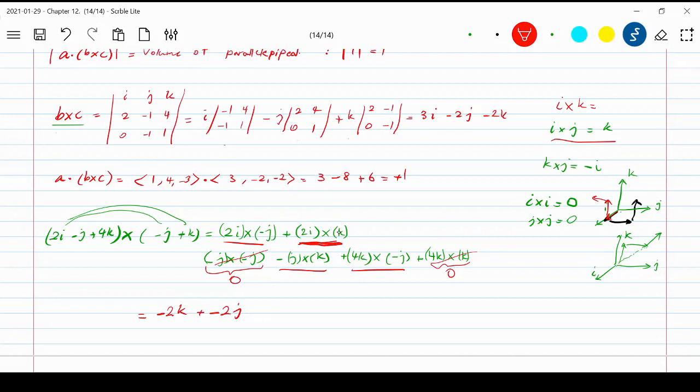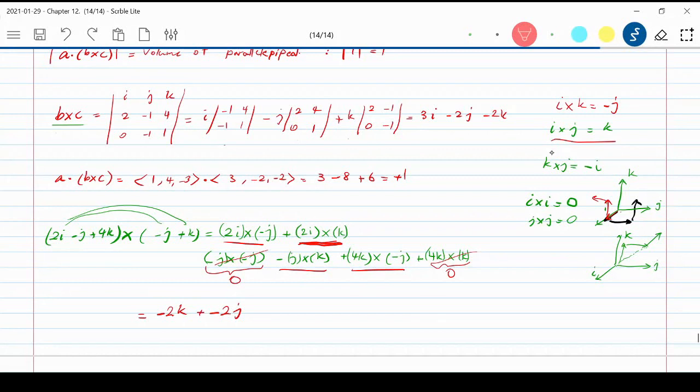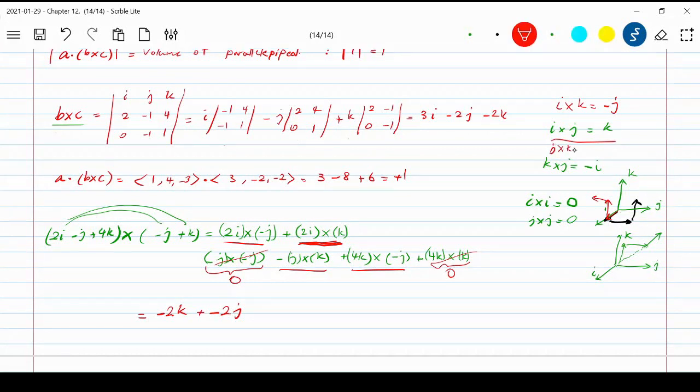Term I cross K would be negative J. So the 2 is still there. J cross I, did I write it? Here, K cross J would be negative I, so J cross K would be positive I. So you'd have negative positive I, which is simply negative I.